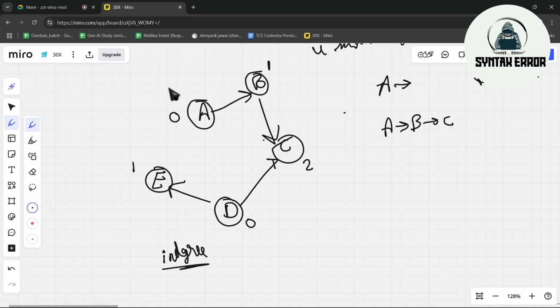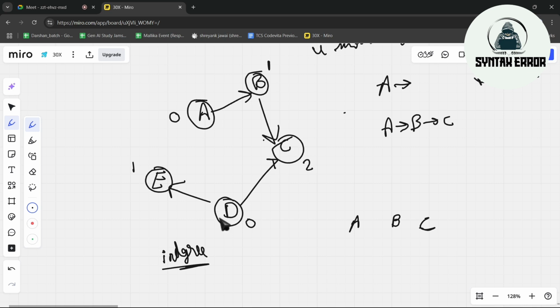Now what will we consider? Let's consider this as U, this as V. So what does topological sorting say? A should always be behind B. Next, if we update our U and V, suppose this is our U, this is our V. Then it says our B should always be behind C. Let's come here.